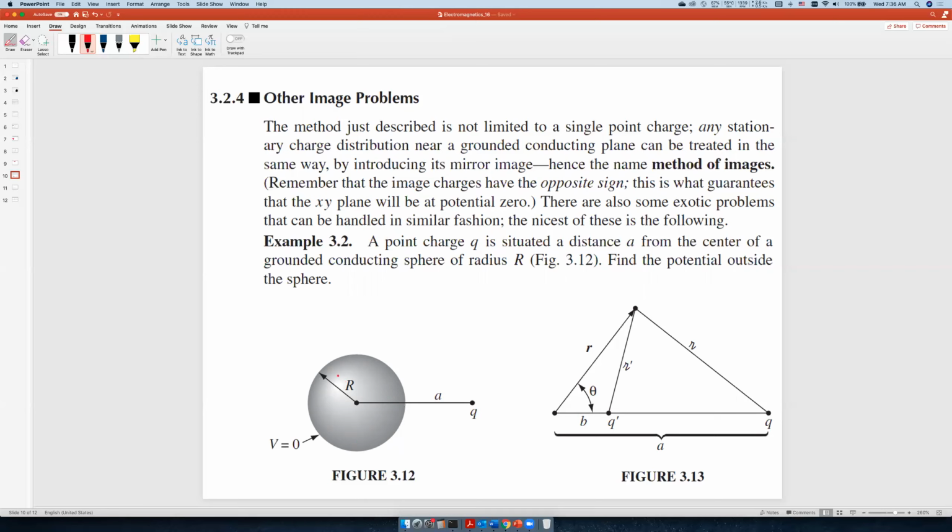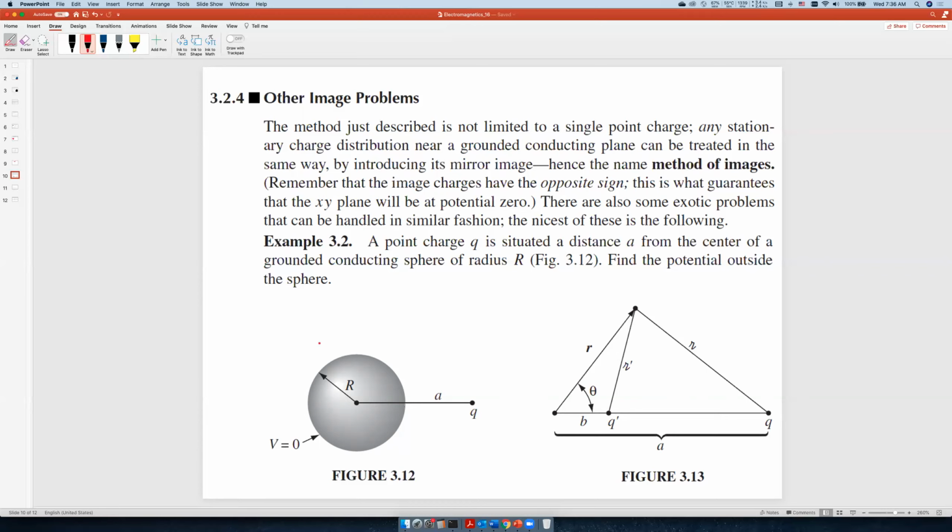You have a sphere of radius R, and it's a conductor, and it might have some induced charge distributed on the surface. And now you have a charge Q at a distance of a away from this surface. Find the potential outside the sphere.